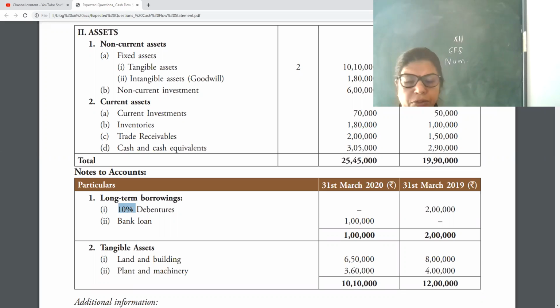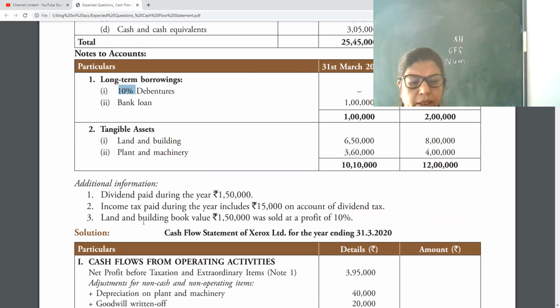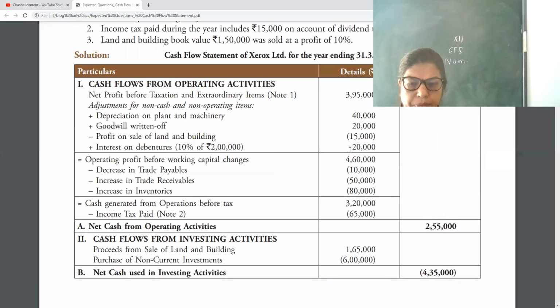The rate of interest is prefix and it is clearly mentioned. So 2 lakh into 10%, that is 20,000. Now 4,60,000 is known as OPBWC square. Note down please, operating profit before working capital changes.